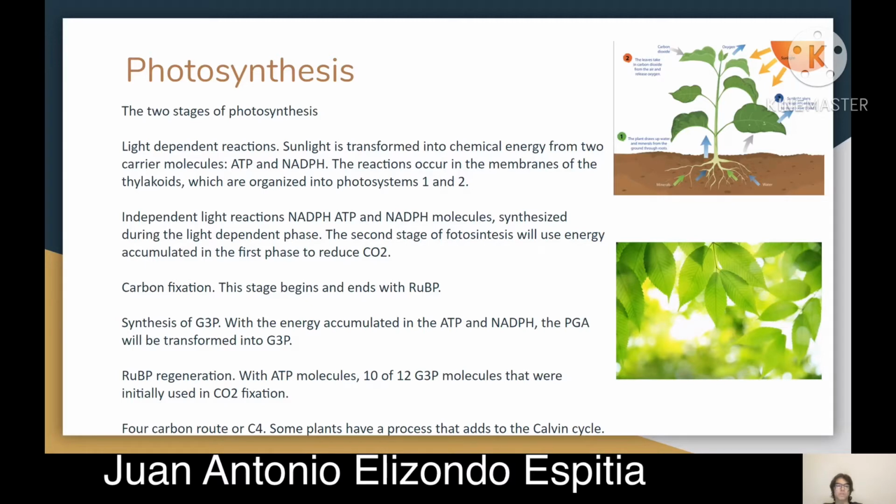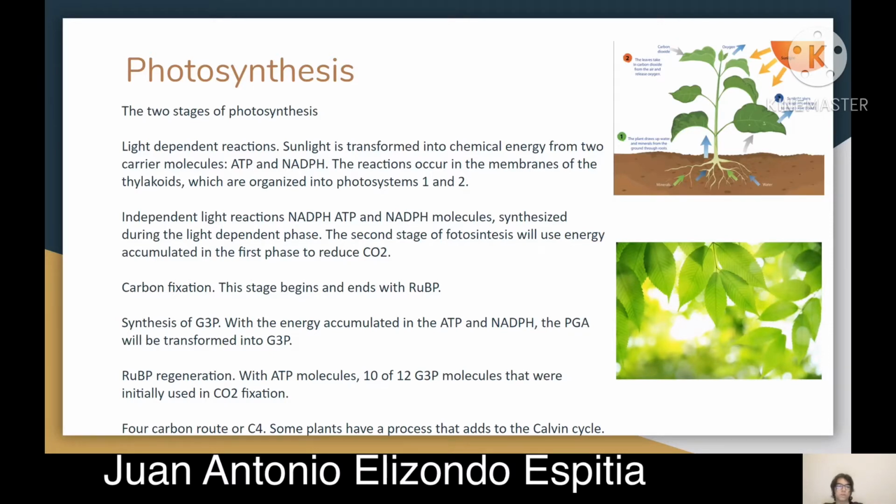This stage begins and ends with RuBP. Synthesis of G3P. With the energy accumulated in the ATP and NADPH, the PGA will be transformed into G3P. RuBP generation. With ATP molecules, 10 of 12 G3P molecules are regenerated into RuBP, which is used in CO2 fixation, and the rest are used to process glucose.